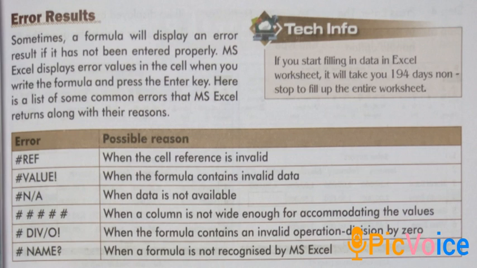Fifth, ##### when a column is not wide enough for accommodating the values. #DIV/0! when the formula contains an invalid operation, division by 0. #NAME? when a formula is not recognized by MS Excel.